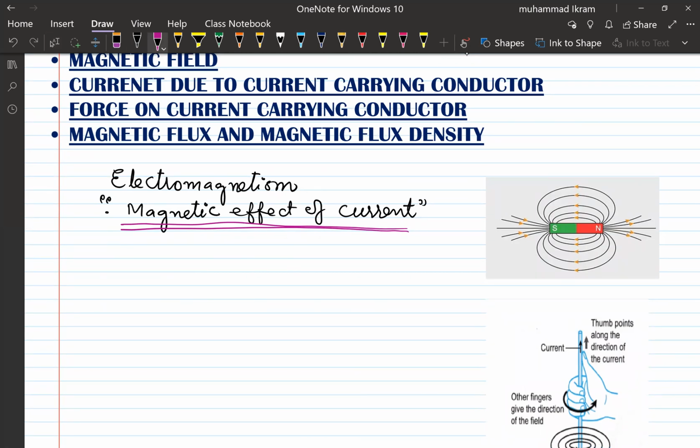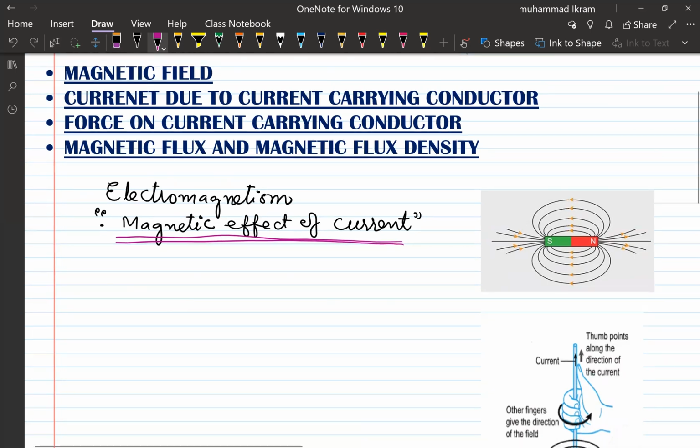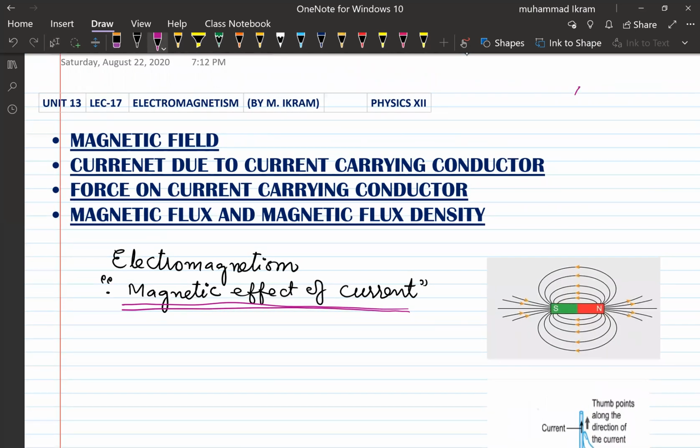He was explaining that although there are many similarities between the magnetic force and the electrostatic force, as we have studied, the electrostatic force is a field force.